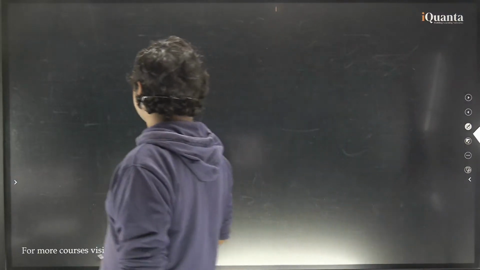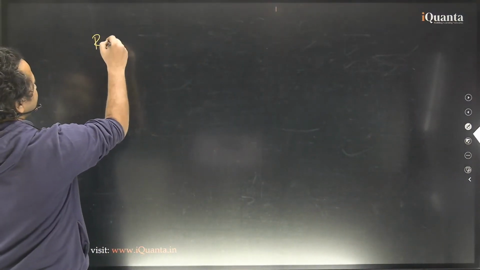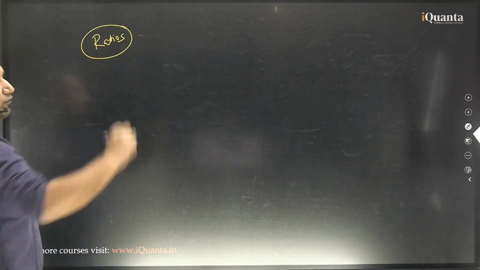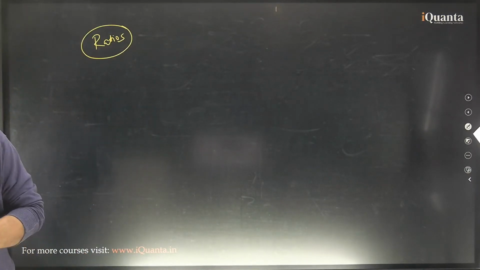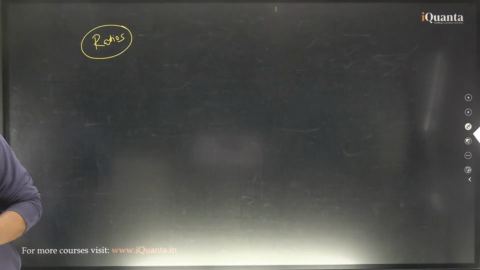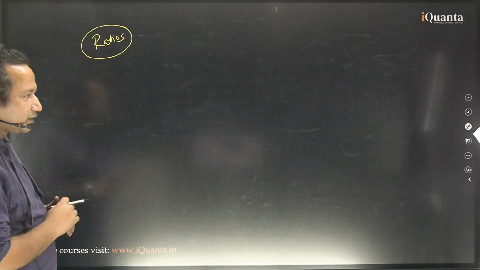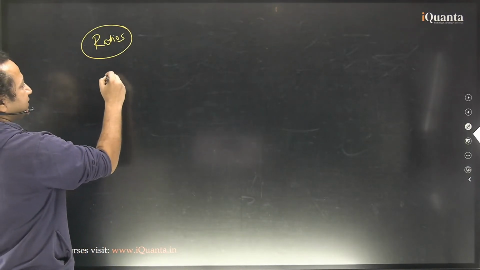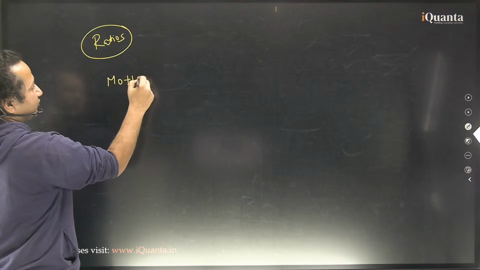One more from ratios. We did this in the class also, but just to repeat this, because this can be very much helpful. So you must have seen questions based on ages, like mother, daughter, father, son, or whatever.